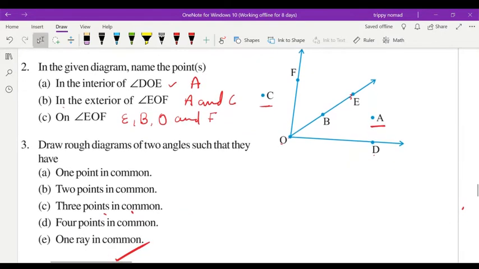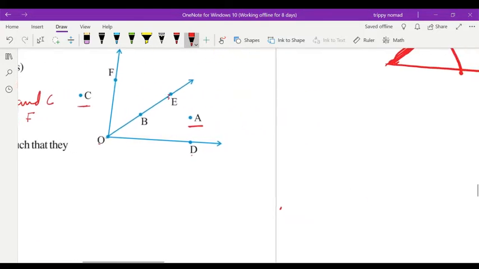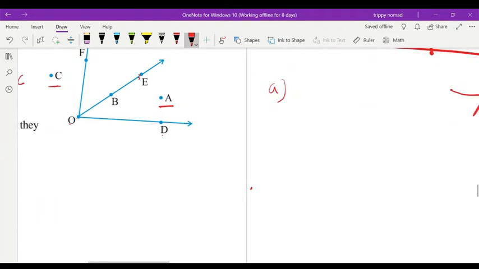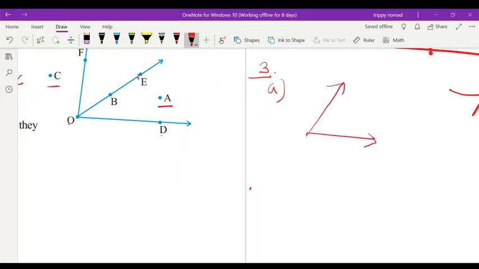Now, draw a rough diagram of two angles such that they have one point common. Children, one point common. I am drawing here, question number three. One point common. This one angle AOB, and this one COD.